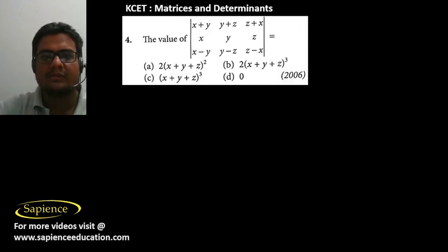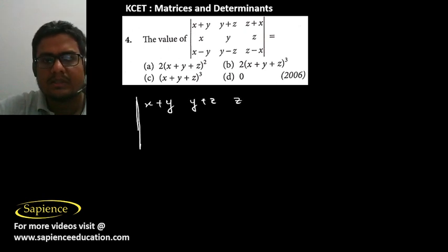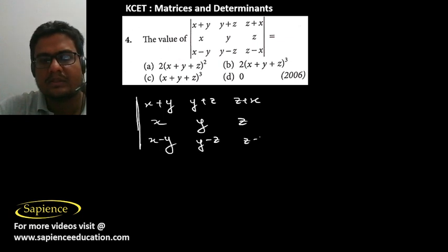Then the value of this mod means we have to find the determinant of [x+y+z, x, y, z, x-y, -z, z-x].